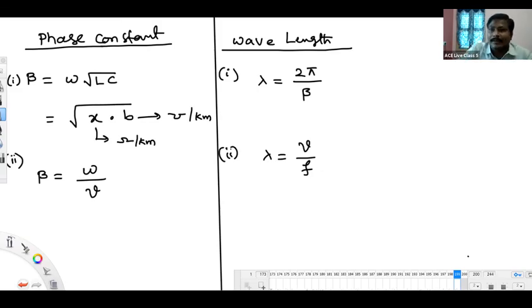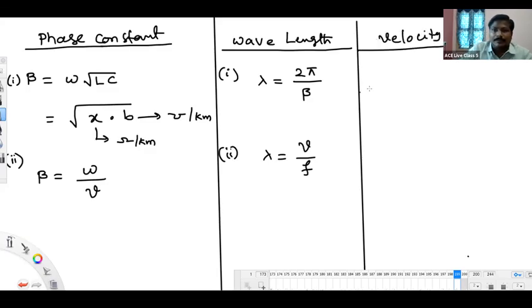Okay, fine. Next term, velocity of the wave propagation. First one: the very basic formula for velocity of the wave propagation in the overhead lines is 1 by root LC.